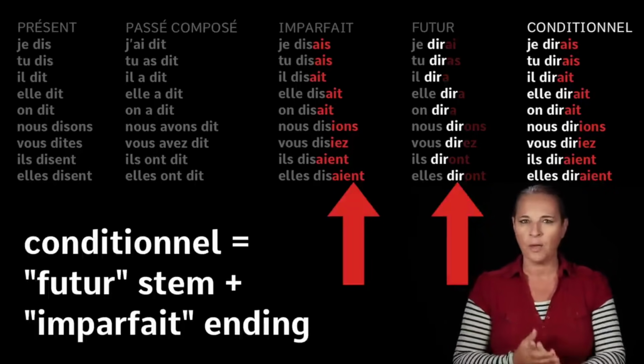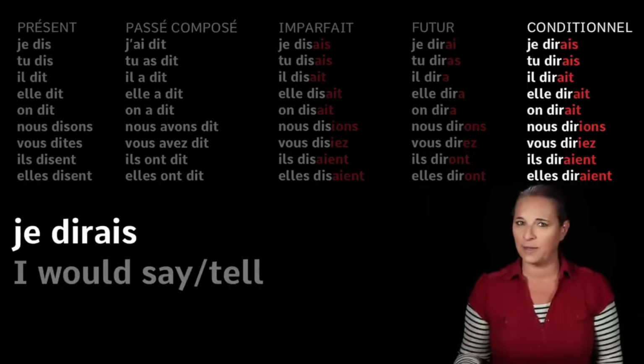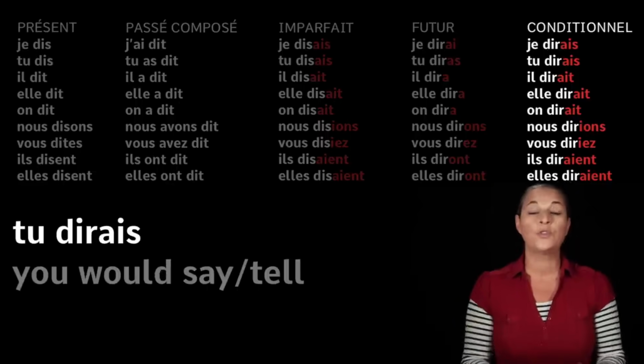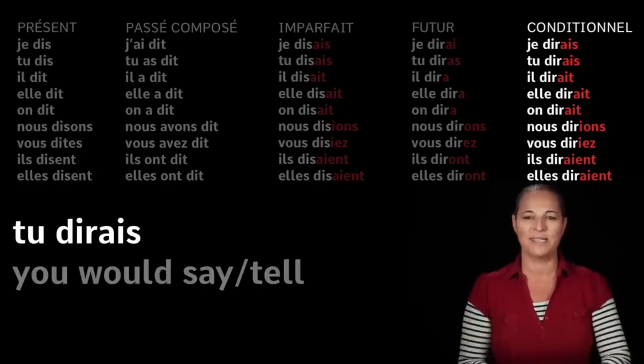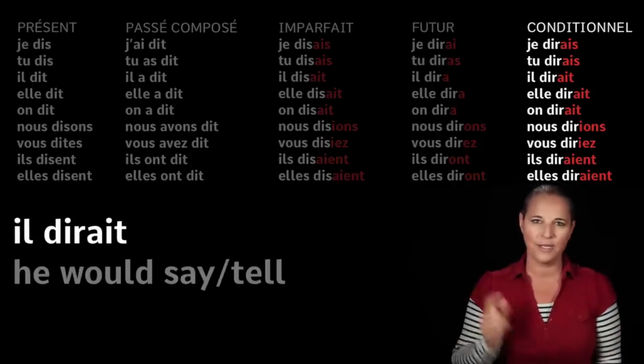So I would say is je dirais, which sounds the same as the future tense, by the way, except that it has an S. Tu dirais, sorry, my mistake, see, I make mistakes. Il dirait, okay, have a look.